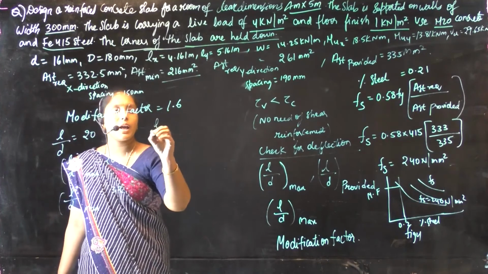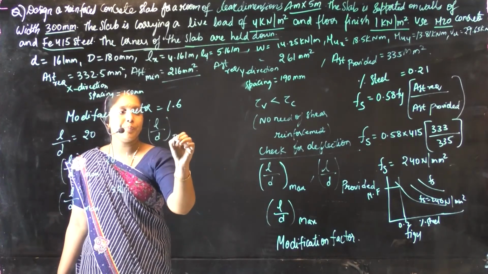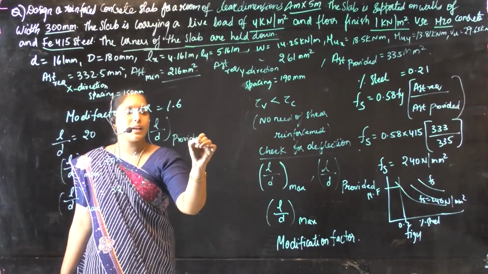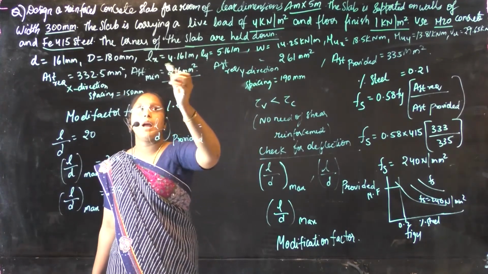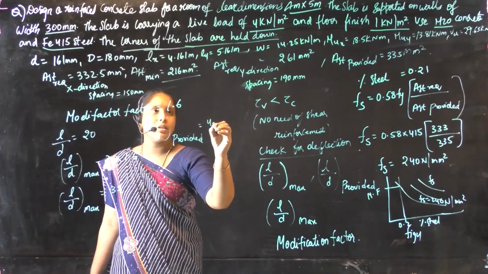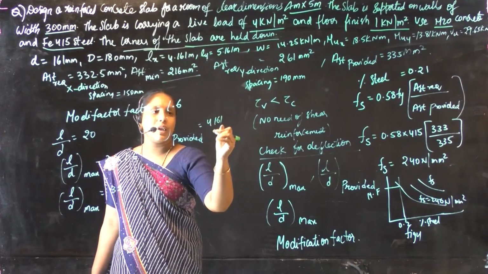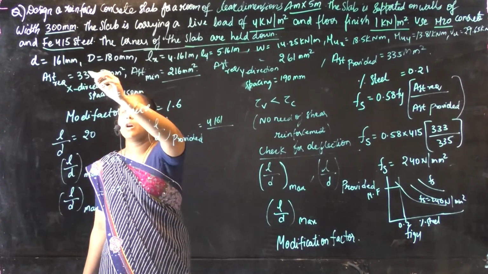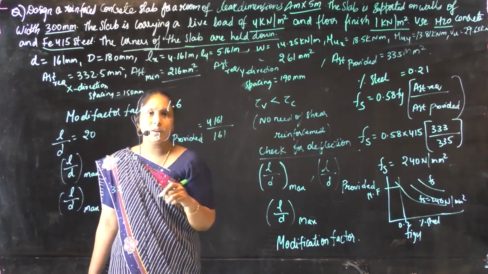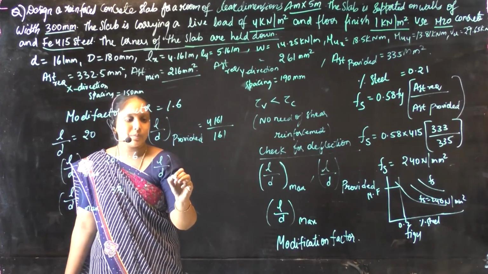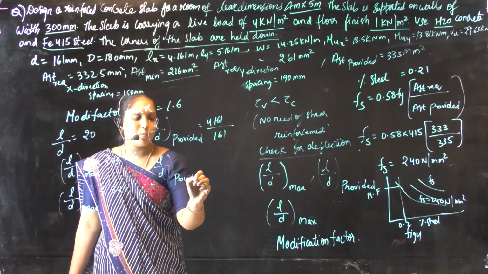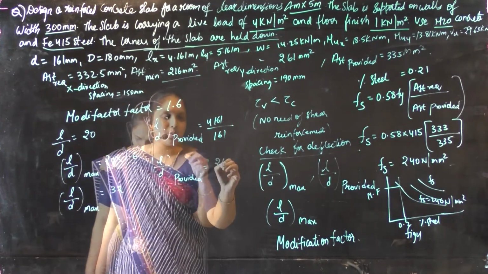Now we have to calculate L by D provided. I will calculate L by D provided: the length is Lx, which is 4161 mm, divided by D. D is 161 mm. From this you will get a value of L by D provided as 26.